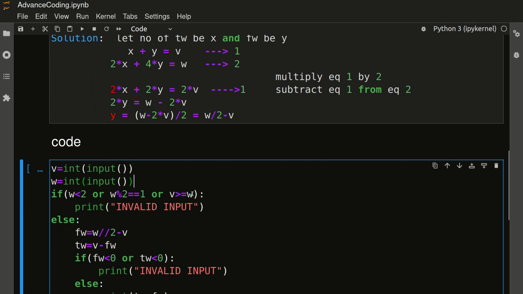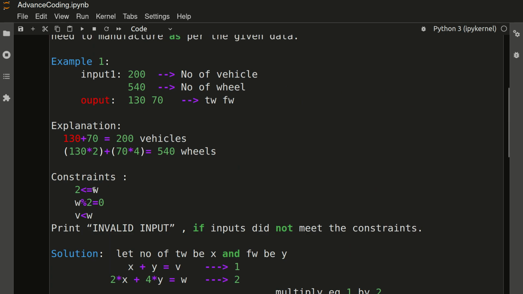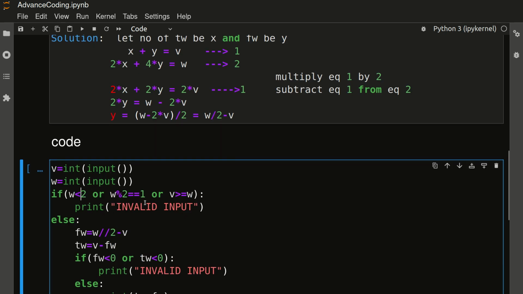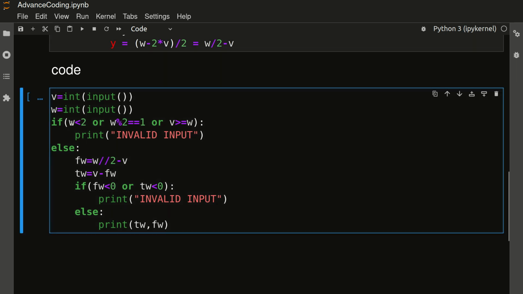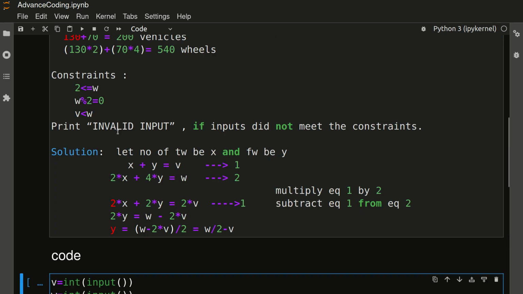Now if there is any constraint, like some values which do not follow the constraint, then we will print invalid. So we have just given the opposite. The constraint is w should be greater than or equal to 2. So here we have given w is less than 2. So if it is just opposite, then we will print invalid.